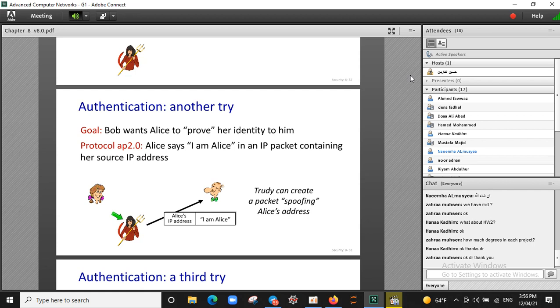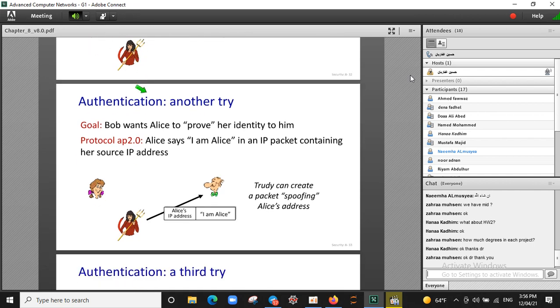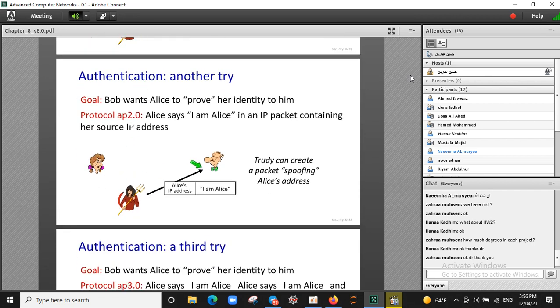If Trudy sniffs this packet, he or she can send this message to Bob. Trudy can sniff this message and resend this packet to me. Okay, I am Alice, and this is my IP address. That's the message Trudy writes, with Alice's IP address. It's simple.